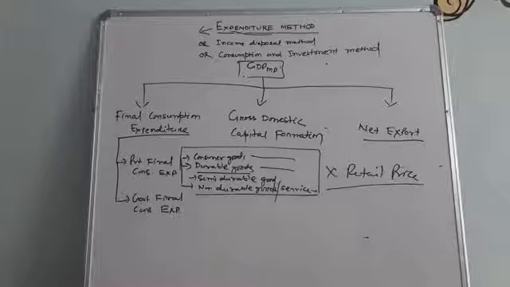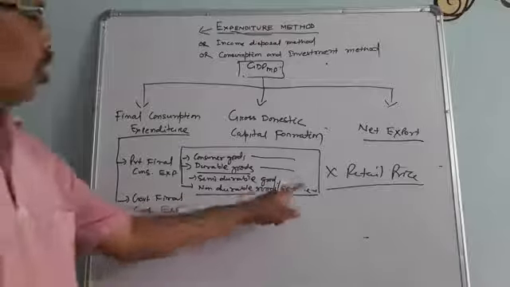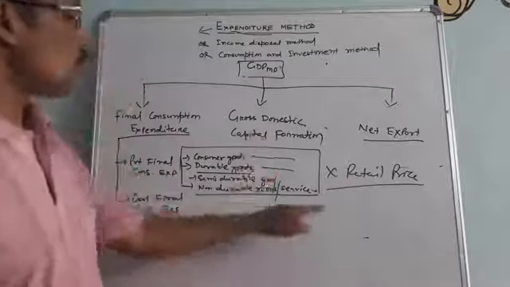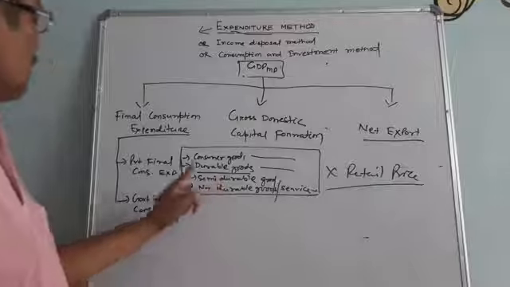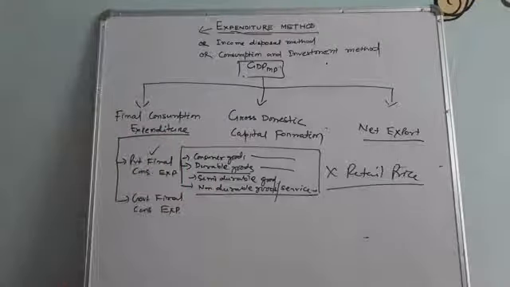The direct purchase of private persons, whenever they are spending money on these heads or purchasing goods from the market at the retail price, is called private final consumption expenditure.